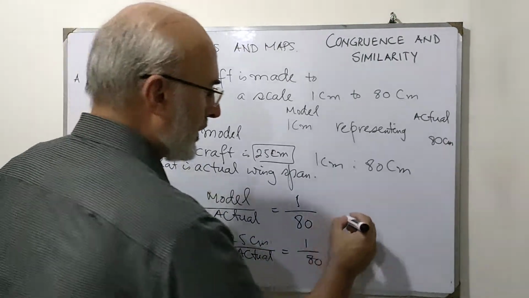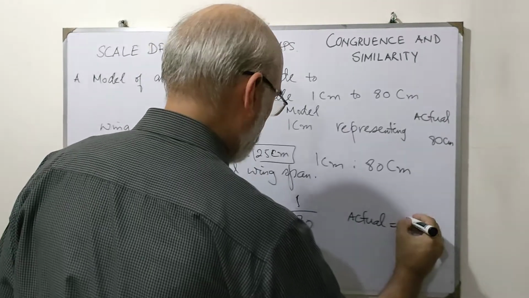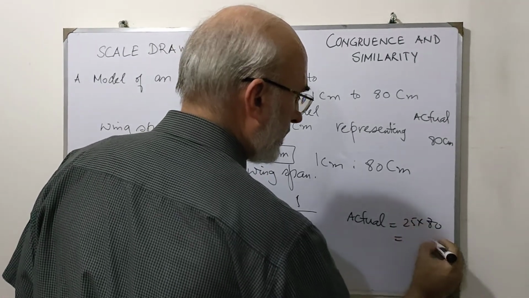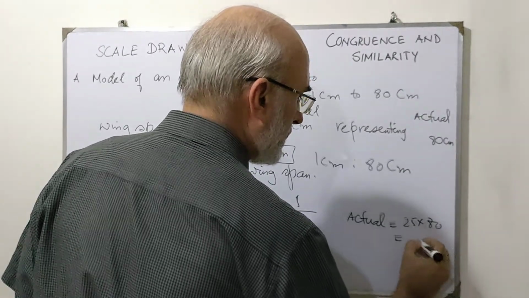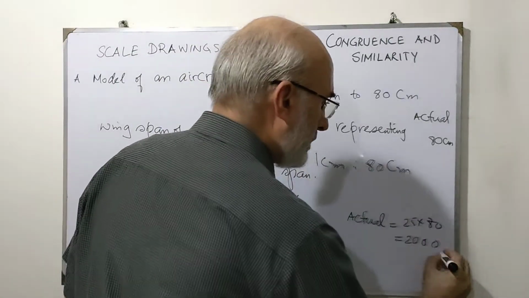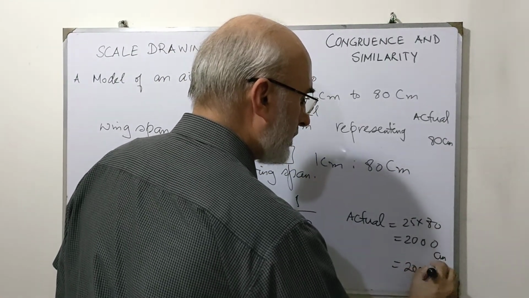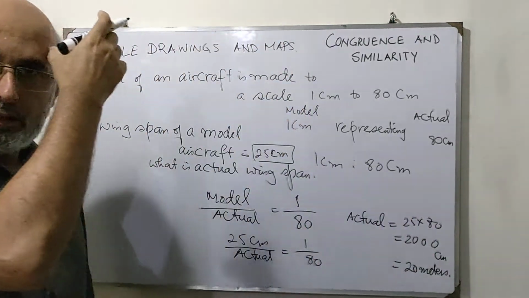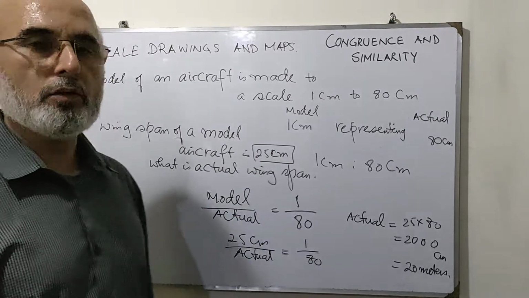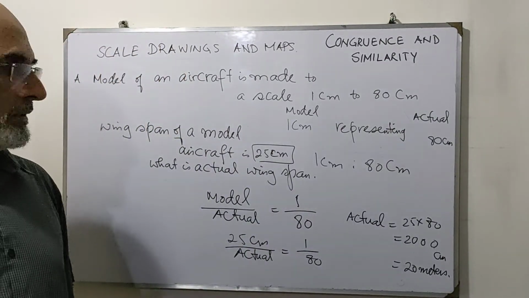Cross multiply, so actual equals 25 times 80, which is 2000 centimeters, in other words 20 meters. If we have to give the answer in meters, we can divide by 100 and we'll get the answer in meters, right?